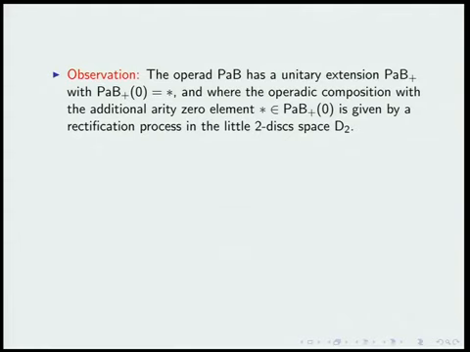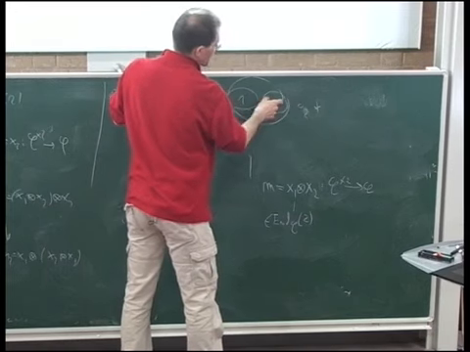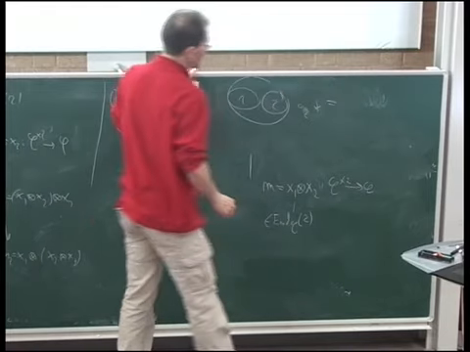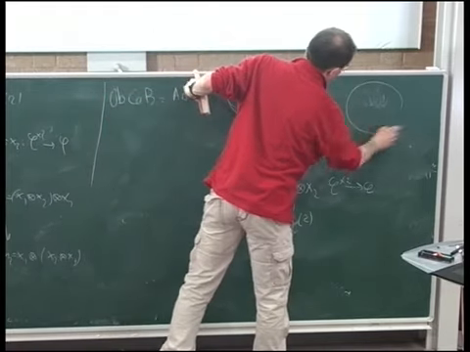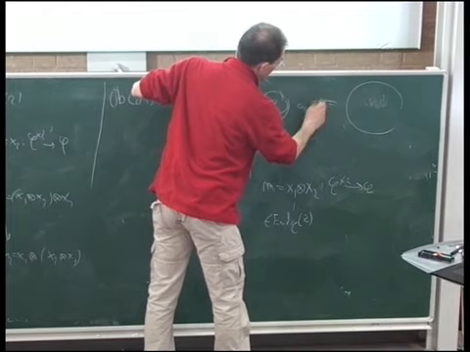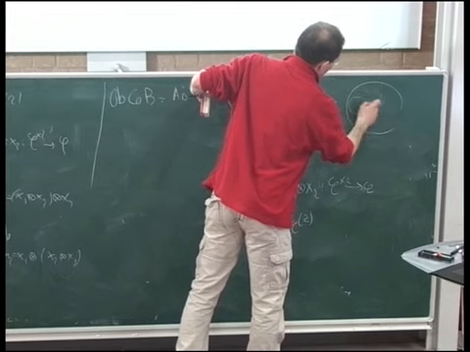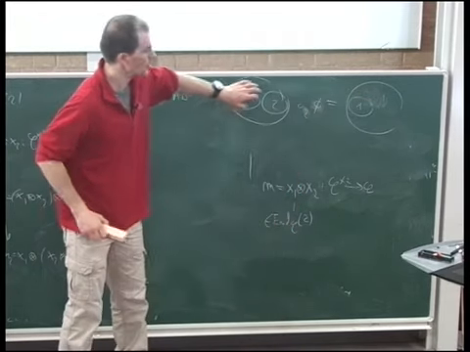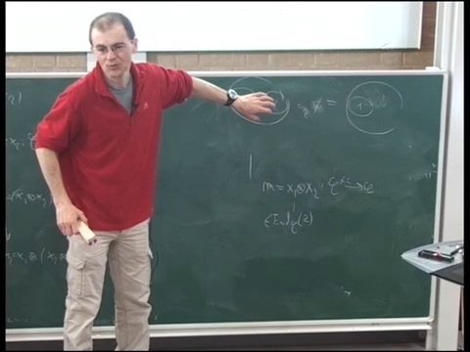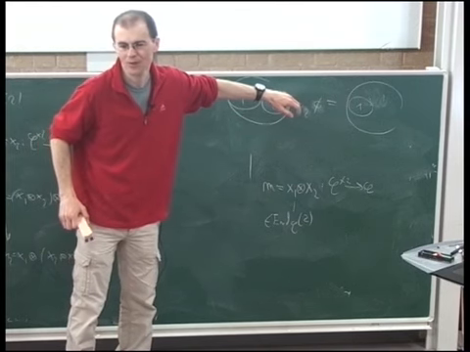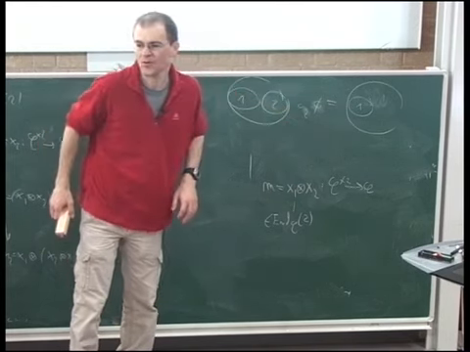If you take this little disk configuration and compose with a unit at the second position, the unit in this case is just the empty configuration of little disks. Okay, then you get this kind of picture. So you see this operad omega is not preserved by the composition with this RT0 operation.